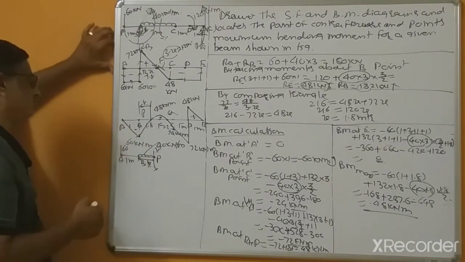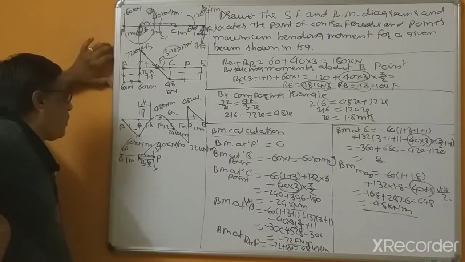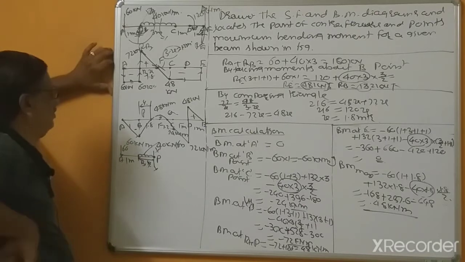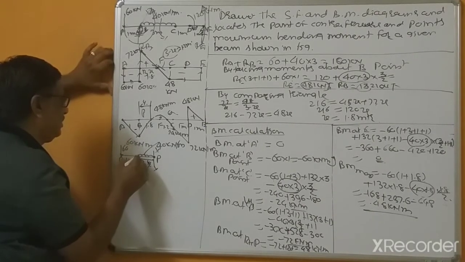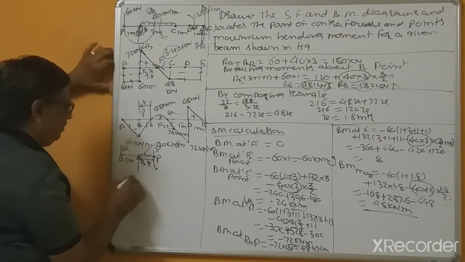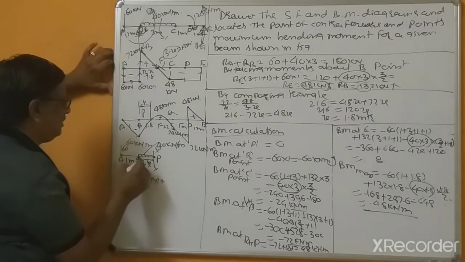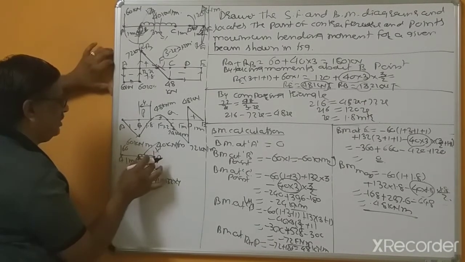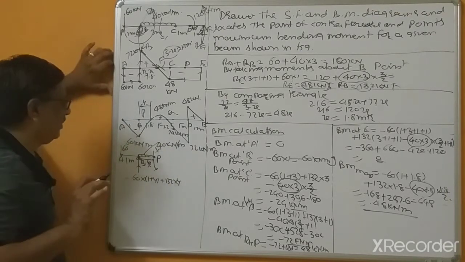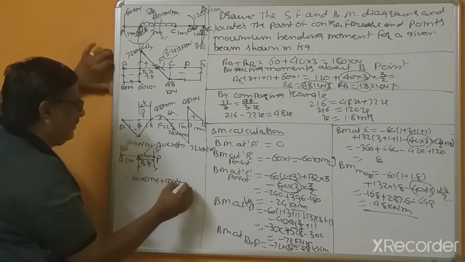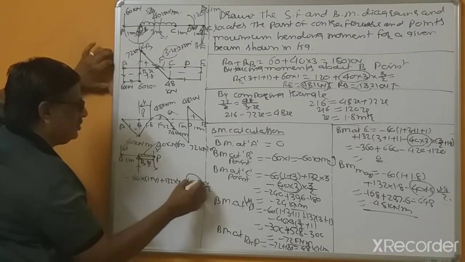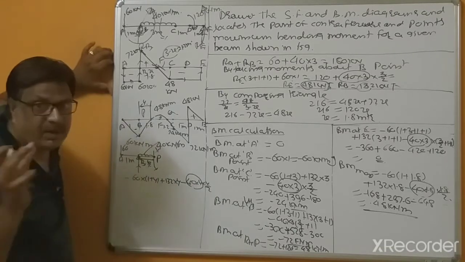So here my 60 into 1 plus y, plus 132 into y. This distance is y, and this is minus 40 into y into half of its distance, because this is shear force and y divided by 2 means half of its distance.